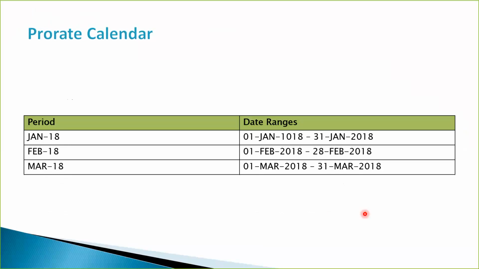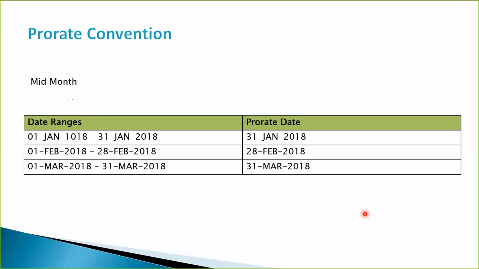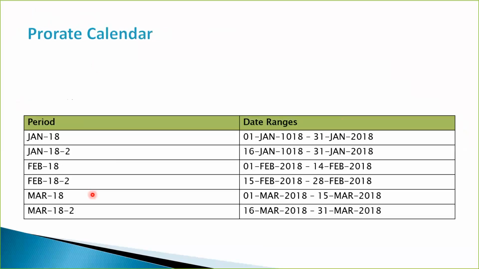So our actual convention, the way it's been defined, may not fit perhaps what you would have thought mid-month convention would look like, but the combination of this convention and the prorate calendar will give us the result that we want. And to see that this is true, let's use another example.